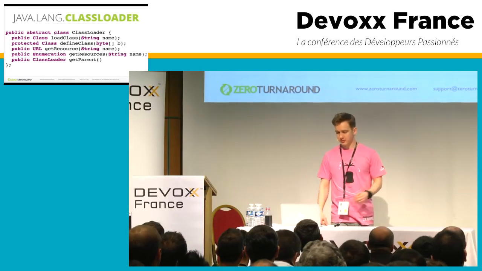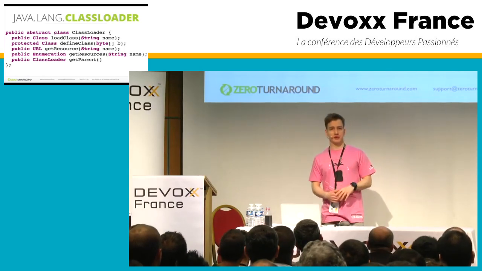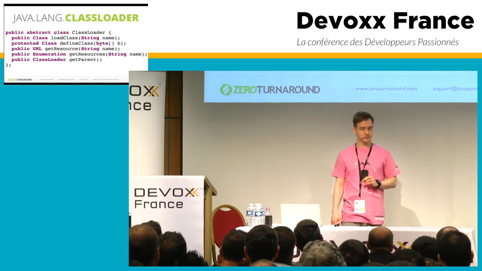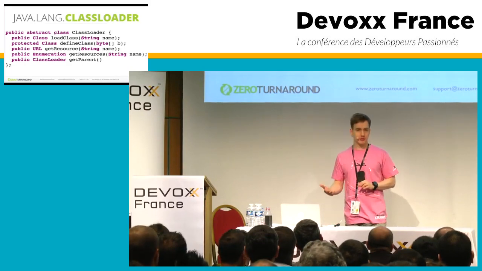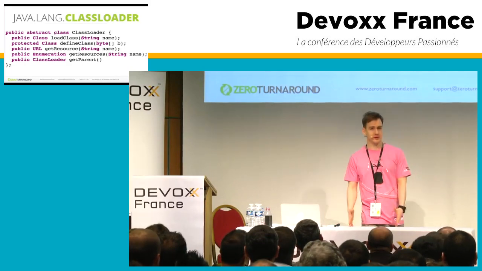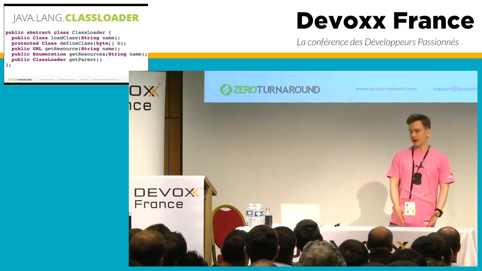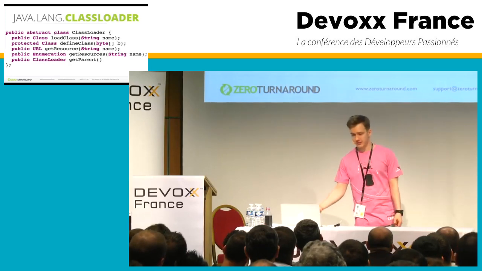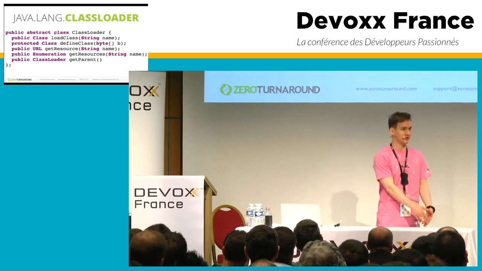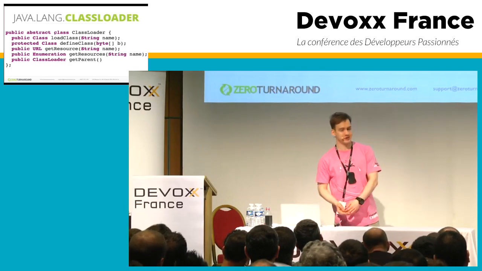The most important one is the top one, loadClass. It takes a parameter name, which is the fully qualified name of a class that you want to load. Internally, it does something and produces back an instance of the class that you just requested.